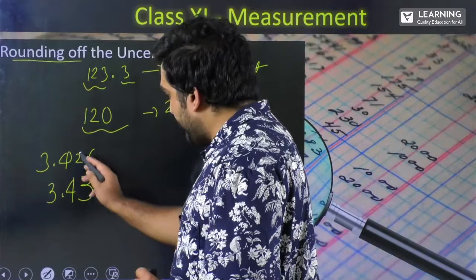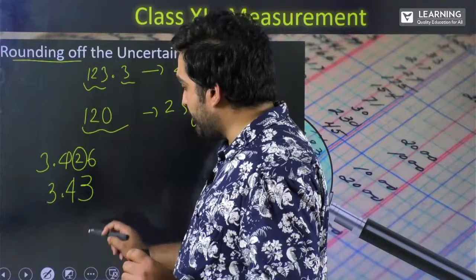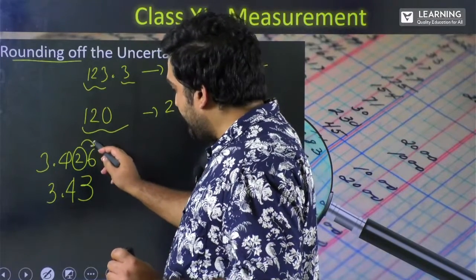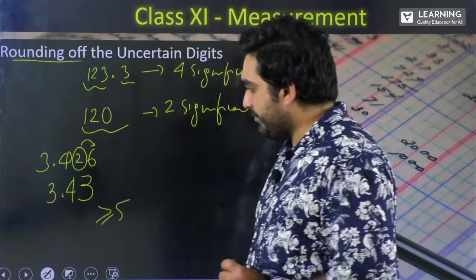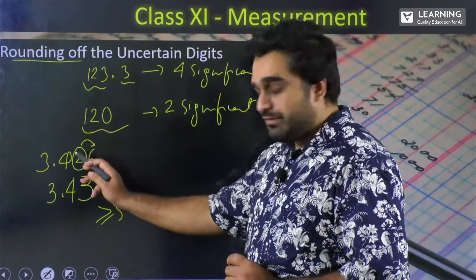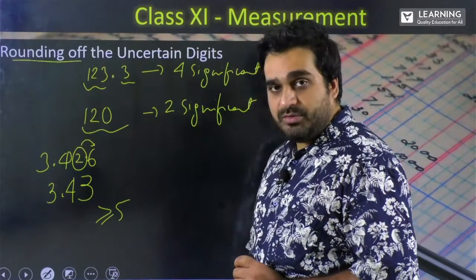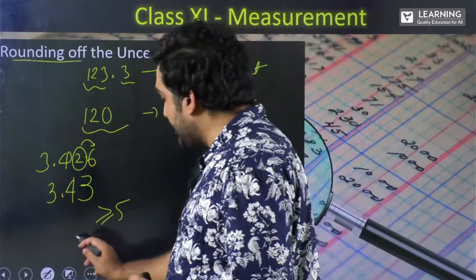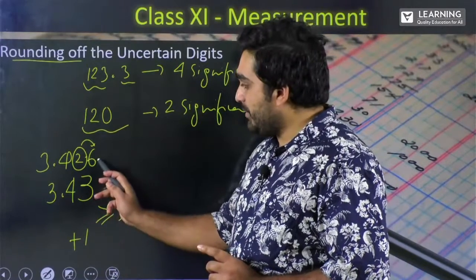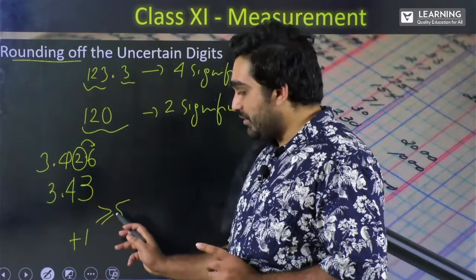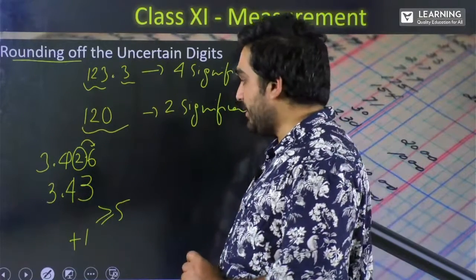If you're changing it to 3 significant digits, and the number beside the last number is greater than or equal to 5, then you add +1. Here we have 6, which is greater than 5. Therefore, you add +1, which changes it into 3.